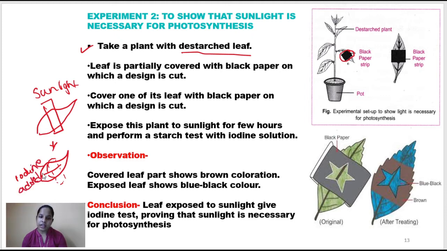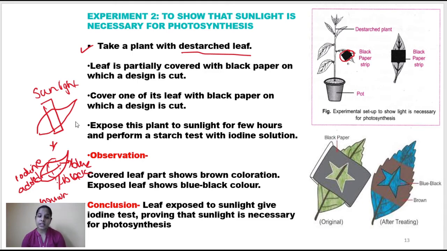What will happen? The portion of the leaf which was covered with the black paper shows brown color, and the rest of the leaf shows blue-black color. This means that the portion which was covered with black paper did not receive sunlight and hence did not perform photosynthesis, so no starch was formed.